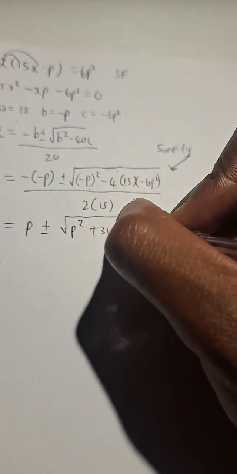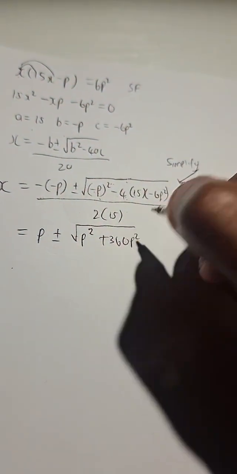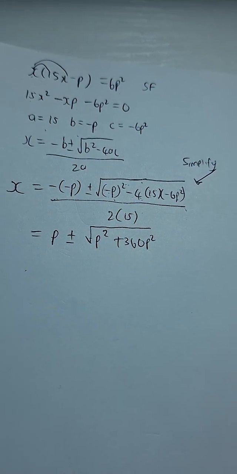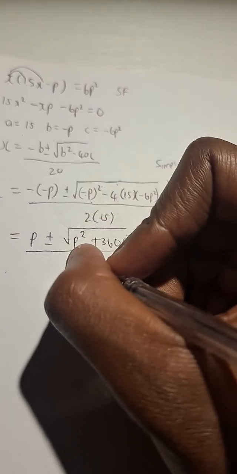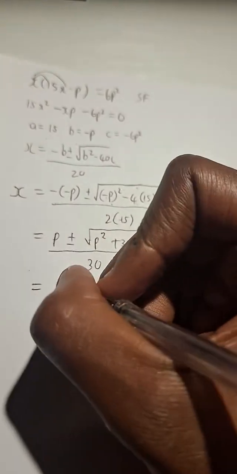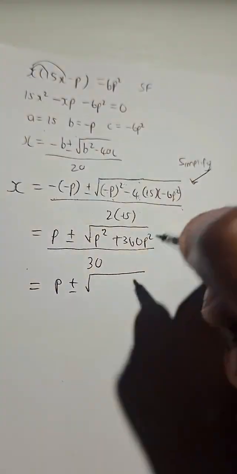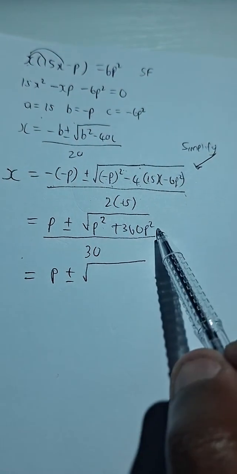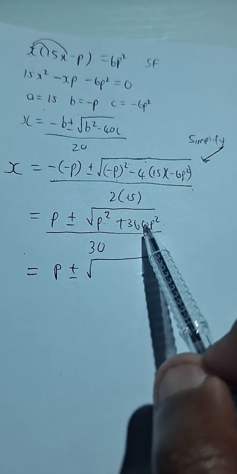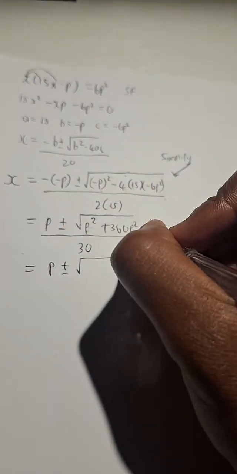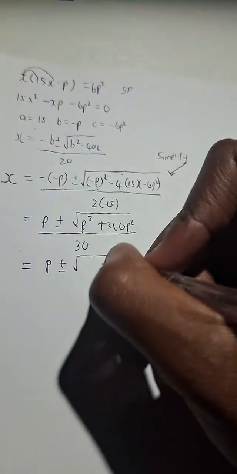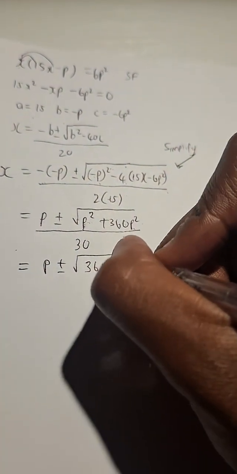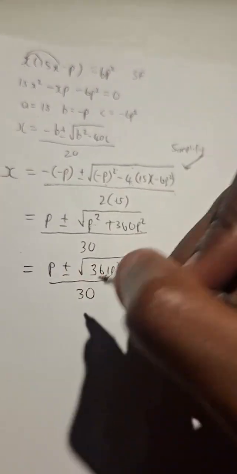Positive 360 p squared over what, guys? Over 30. We're not done. Inside here we have like terms, because p squared plus 360 p squared, these are like terms. The variable is p squared, so we are going to say 361 p squared over 30.